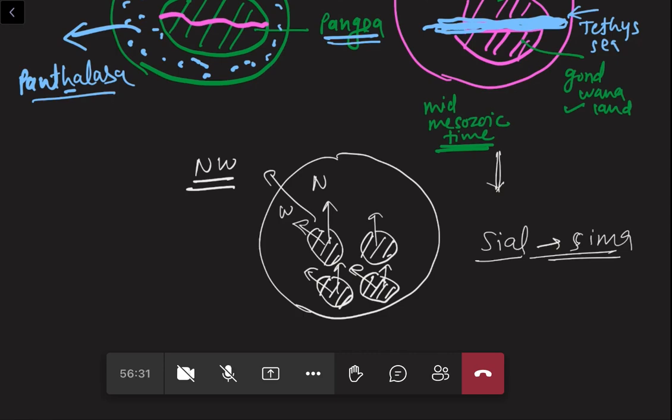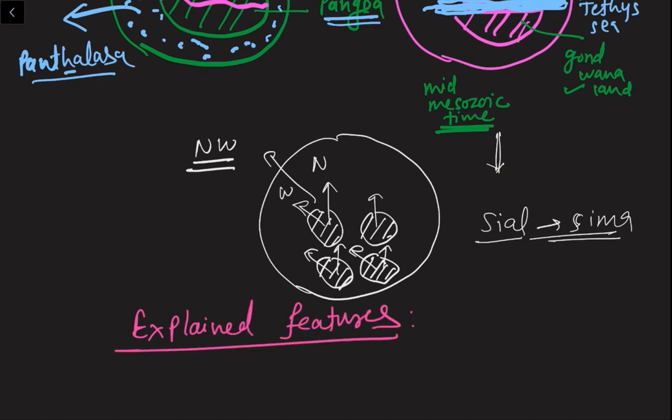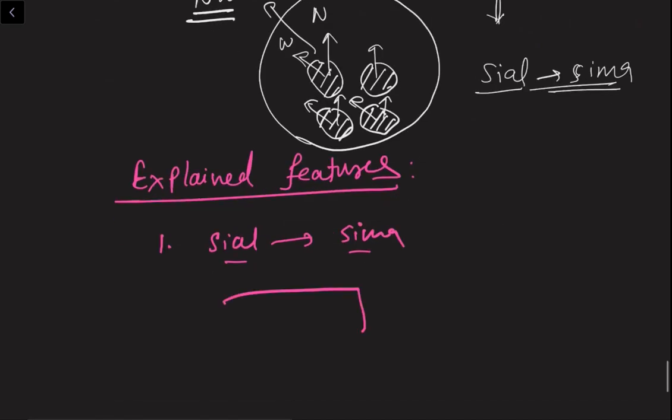We will also look at those things, how it has happened. Okay. Now, he explained a few features because of this phenomenon. Let us see how. Okay. First, he said that the Sial is moving over Sima. Now, suppose this is a Sial and below it there is a Sima.